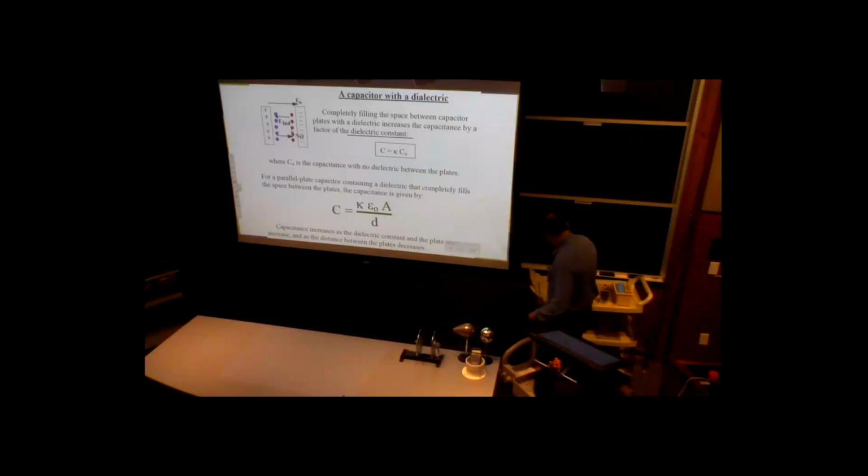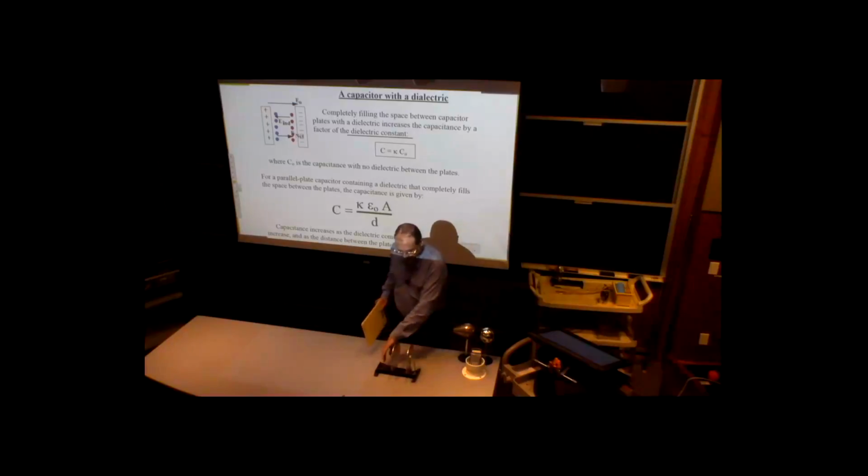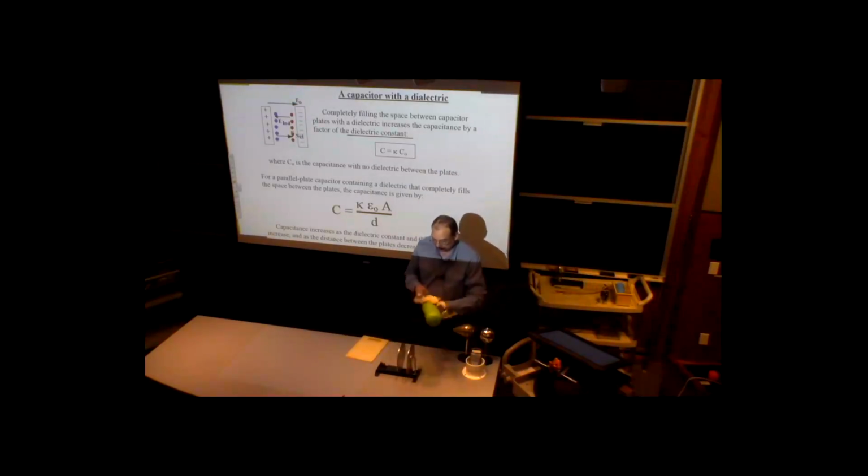Now, we can increase the capacitance by adding a dielectric between the plates. When the capacitor is already charged, which means I can do something like this. So then I have opposite charges. And if I don't touch it, I do not change the amount of charge.